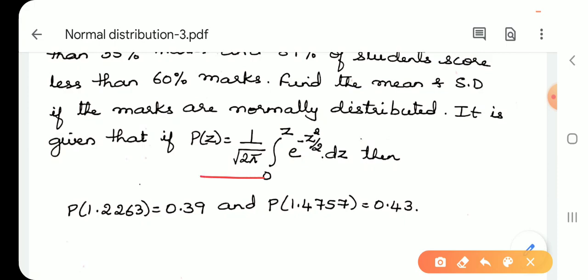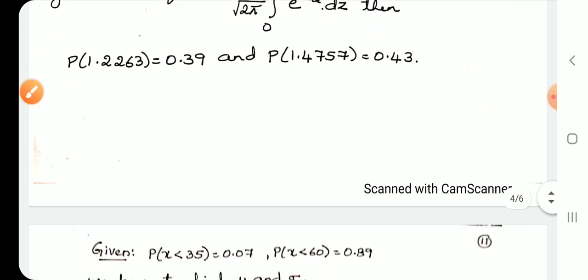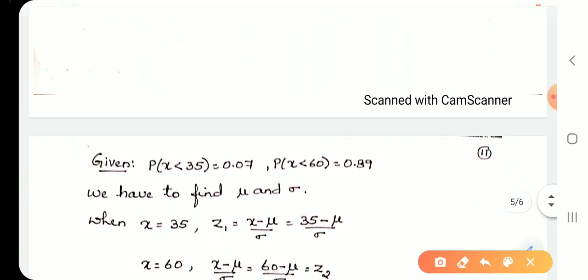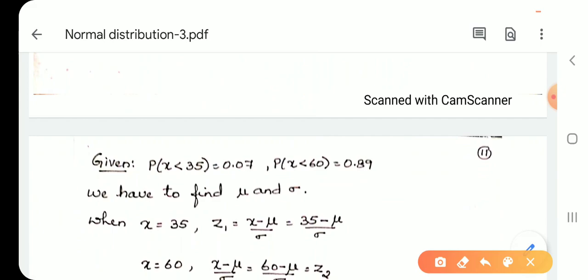It is given that if phi of z is equal to 1 by square root of 2 pi into the integral from 0 to z of e to the power minus z square by 2 dz, then phi of 1.2263 is 0.39 and phi of 1.4757 is 0.43. So here first we will write the given.